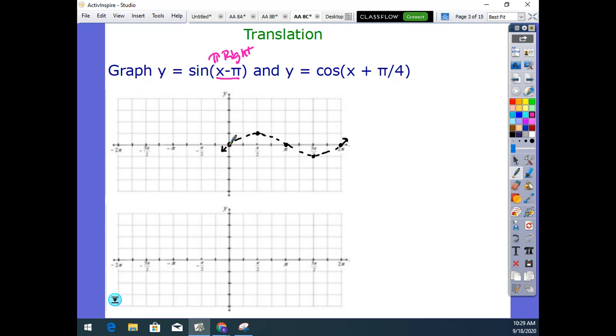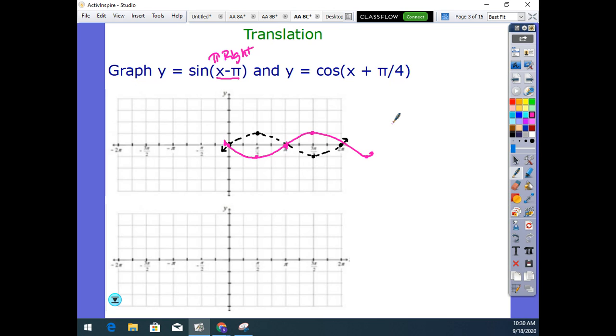So I'm going to move, and pi, if you notice, is 4 hash marks on your note sheet. So this particular point moves to here. This one moves here. This one moves here. But we can also go backwards. We can notice that pattern, and we just shift it.